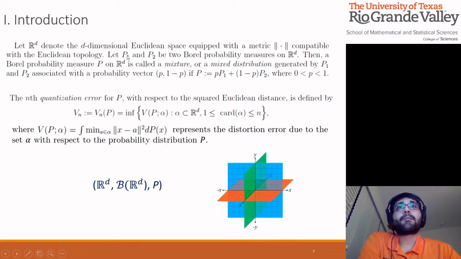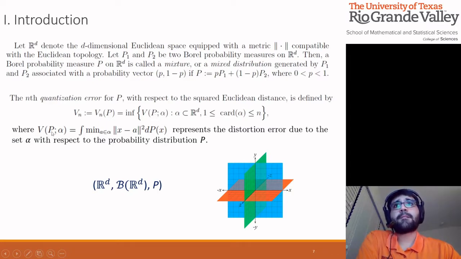Okay, so it's just the definition of how we are getting that mixture or mixed distribution generated by these other two Borel probability measures. And then we're going to define a way to quantize the error. And this is going to be the n-quantization error for P with respect to the squared Euclidean distance, which will be defined by this. It's going to be the infimum of this conditional distortion error.